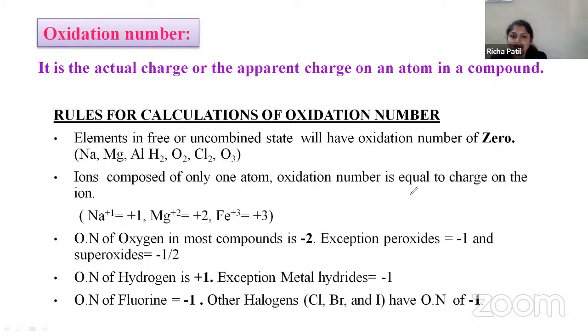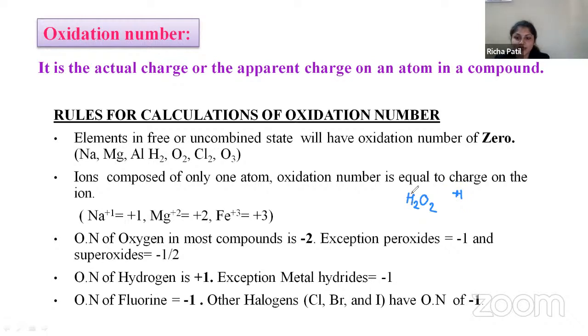For example, I can take H2O2. Now in this H2O2, what is the oxidation state of oxygen? You know. Now hydrogen, what is its oxidation state? It will always occur as +1. Most commonly it occurs as +1.